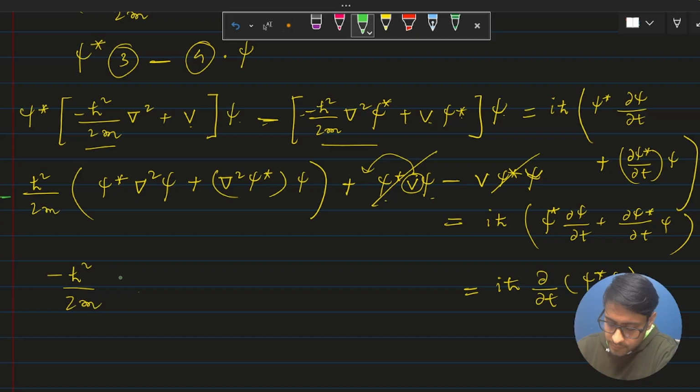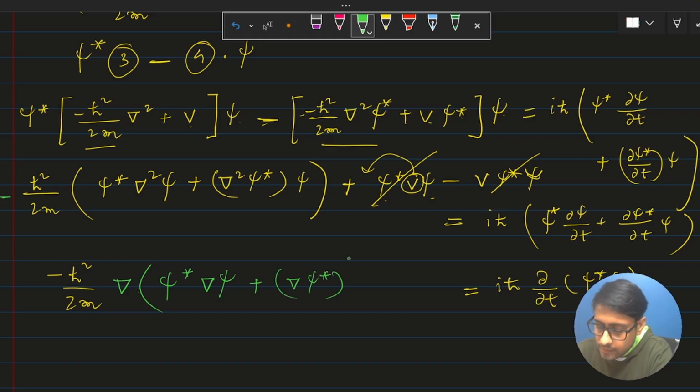If I take one of the derivative terms, this del operator, to the left hand side and write it as del of psi asterisk del psi, sorry, this is not del asterisk, it should be psi asterisk del psi plus del psi asterisk, del psi conjugate into psi.